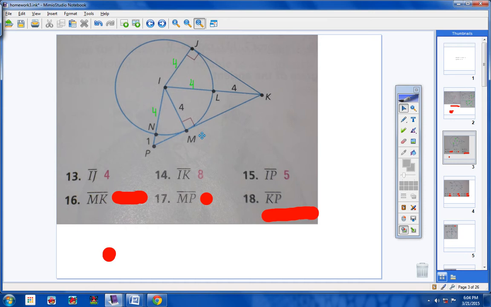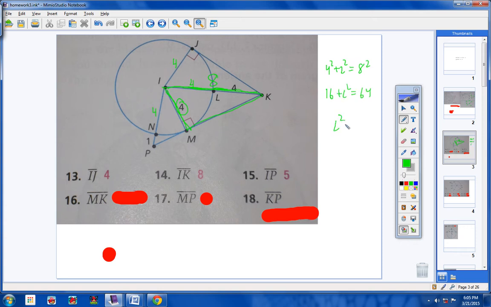Alright, MK. Now, we're going to use a right triangle here, okay? Here's my right triangle. This length here is 4. This whole length right here is 8. That's your hypotenuse. This length here is 4. That's your leg. So using Pythagorean theorem, 4 squared plus leg squared equals 8 squared would be 16 plus leg squared equals 64.